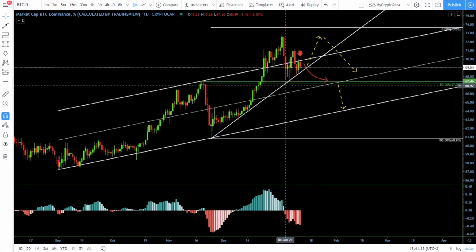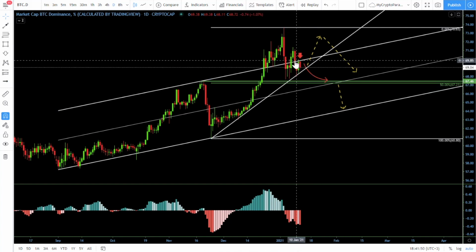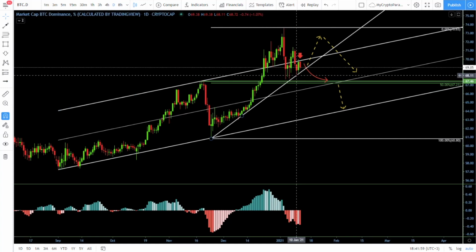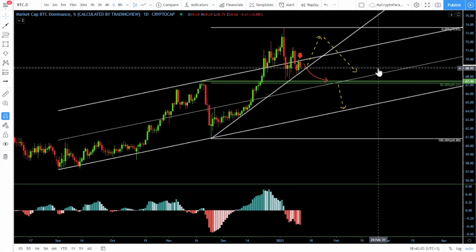But right now, we need to see this support, if price will test it, and what will be the outcome. Because what we see is that Bitcoin dominance is currently rejecting the upper trend line of the channel, which could be acting as the resistance, and we are rejecting the uptrend trend line, which is acting as the support. And it seems just like a consolidation will be going on.